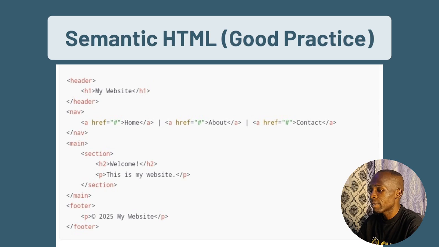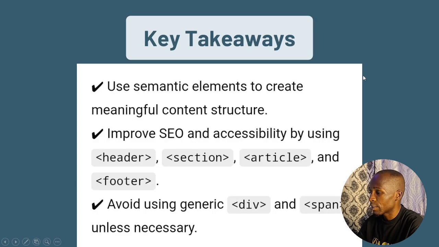Down below you see the main element, and then inside the main we have the section element. Use the section element to group these items that are related. And then we have the footer section, which is used to display the footer text, like the copyright text. So that is it.